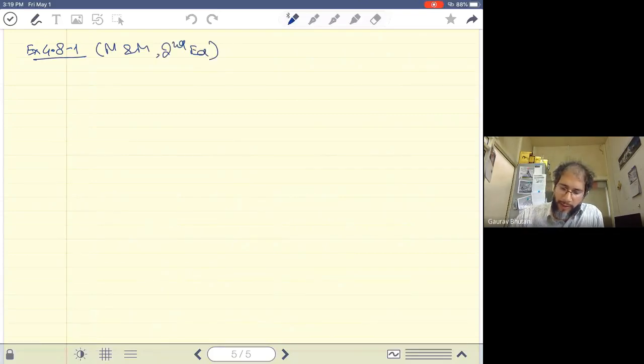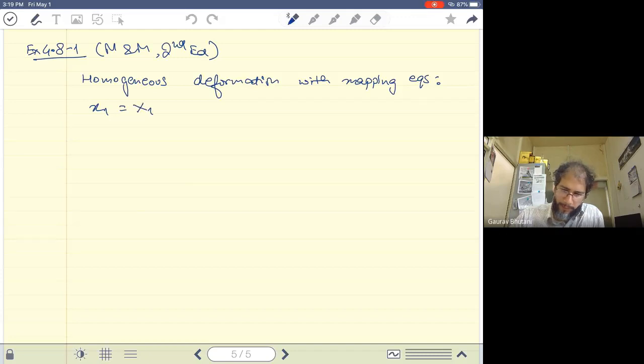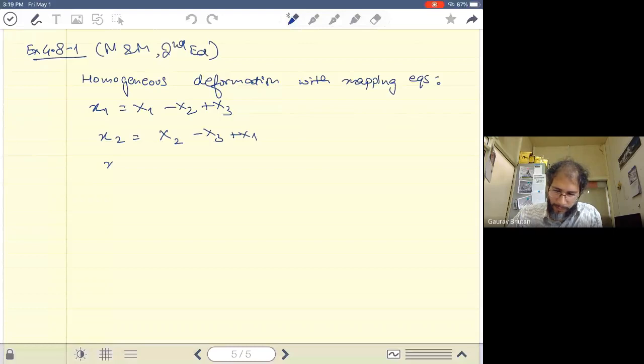So what it says is that we have a homogeneous deformation with the mapping equations, which are given as, okay, so we have a deformation which has the mapping equations small x1, small x2, and small x3 written in terms of capital X1, capital X2, and capital X3.